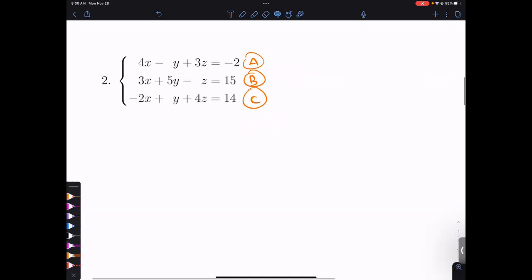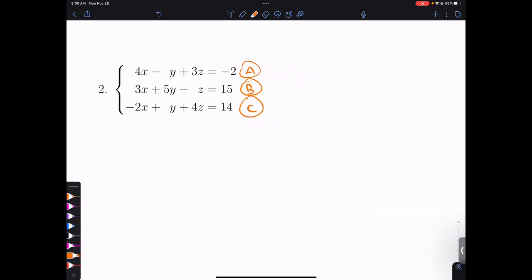All right, what looks like a good first step? A and C to get rid of y. Okay, so A and C, we're going to get rid of y, we're adding because they're opposite.